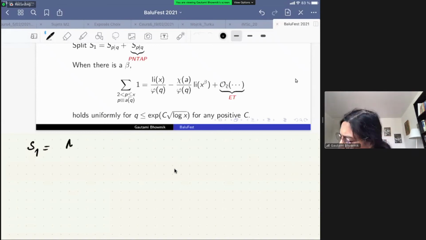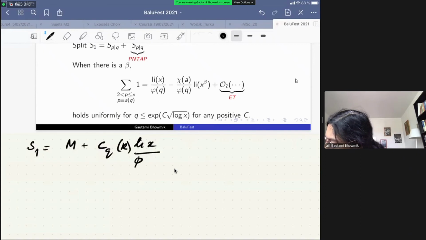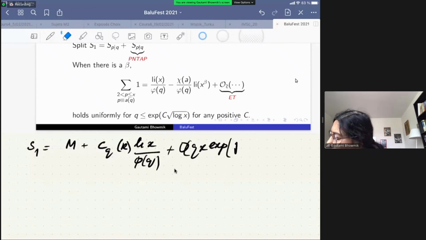This is equal to some m plus, here is my Ramanujan sum, Euler phi, okay, plus big O of qx for some constant C tilde square root of log x.